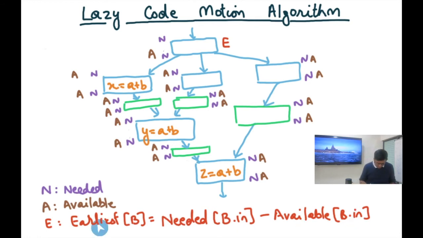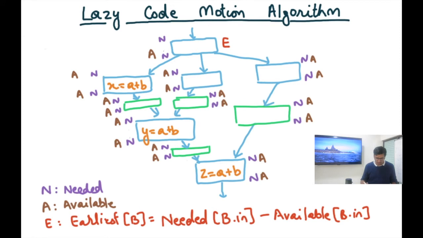So an expression can be computed earliest at a basic block b if it is needed at the entry of that basic block, b.in, and it is unavailable at the entry of this basic block. What is a basic block where it is needed and not available? There is only one such basic block in this example, and that's the first basic block. So this is indeed the first point in the program where I can compute a plus b.